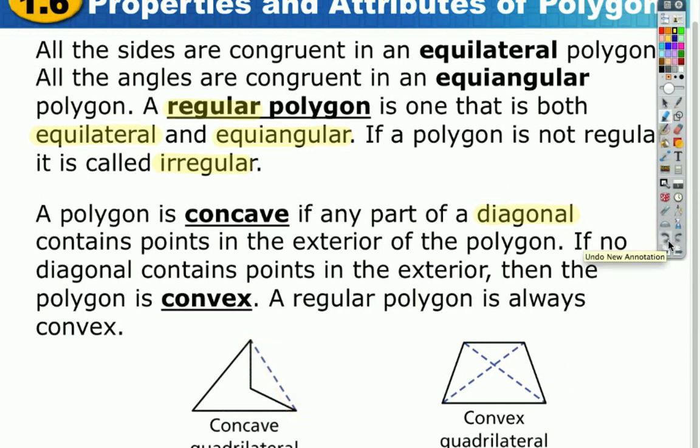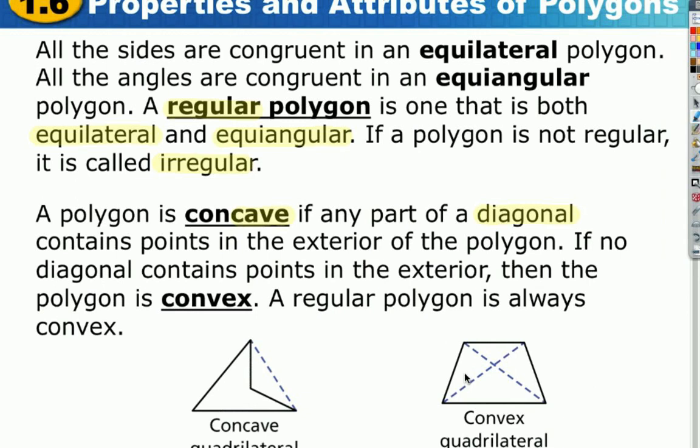Now, concave, convex, the words are very similar. The first three letters are exactly the same. The words are almost the same length. They both have a letter V in them. They sound the same. So it's hard to remember which one's which. So I focus on cave.